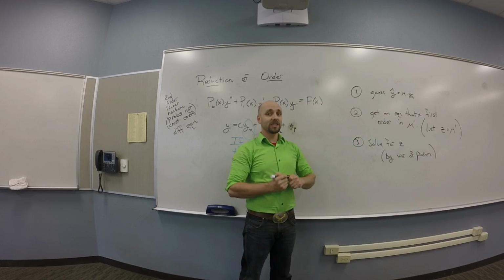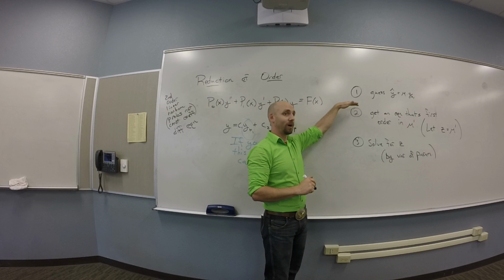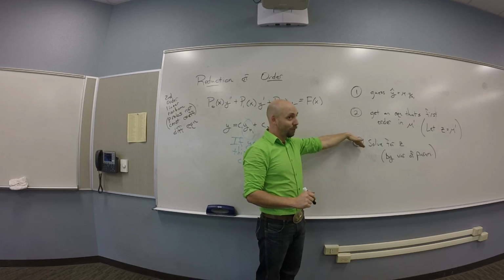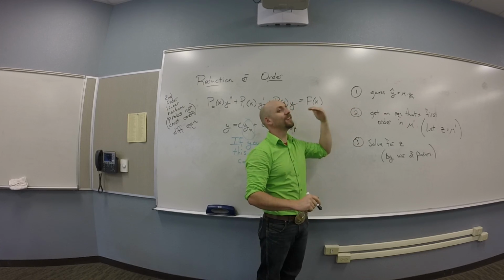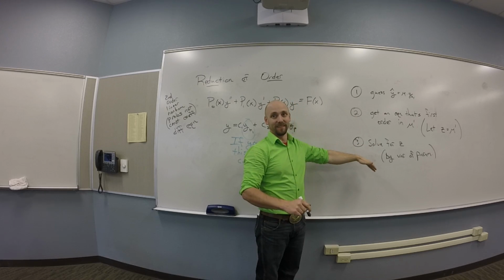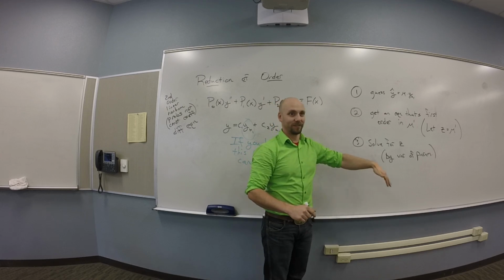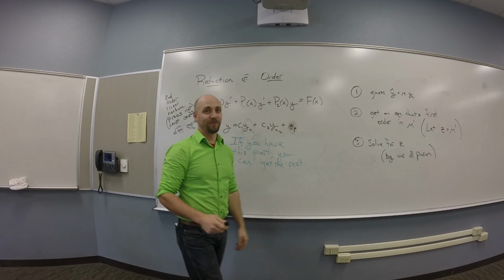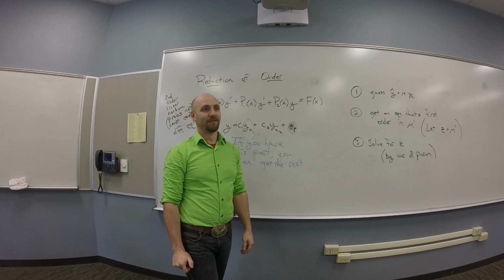So you're going to start this thing with an idea about variation of parameters. You're going to get a new equation that's different, and then you're going to do variation of parameters on that. You guys cool with this? This is a super weird trick. It's very cool that it works. Okay?